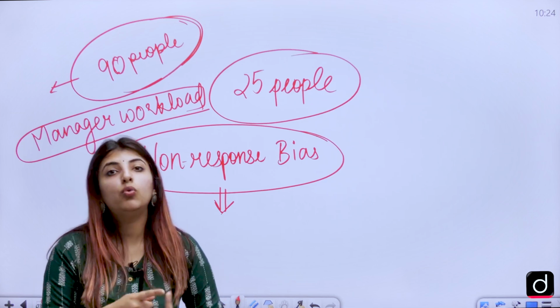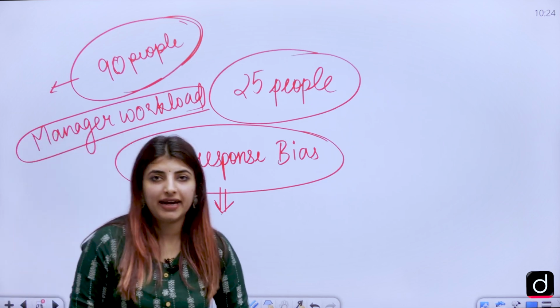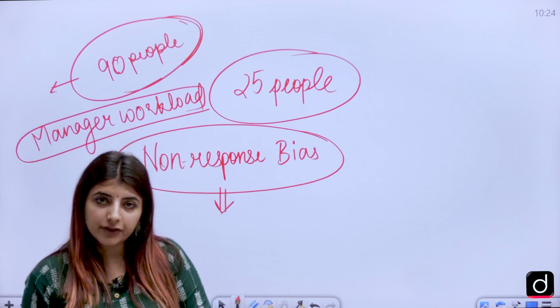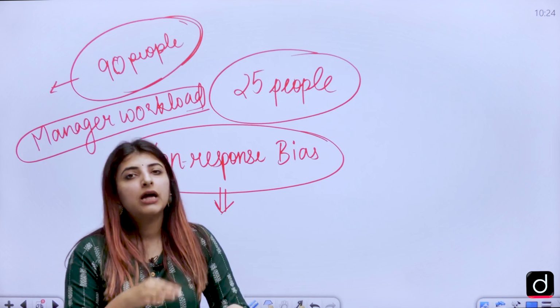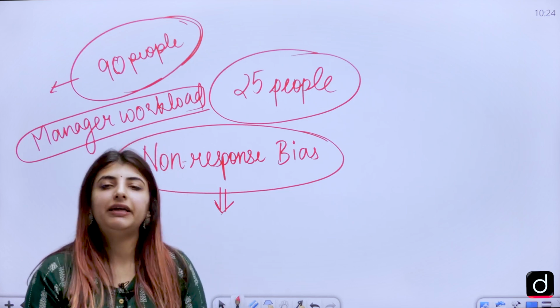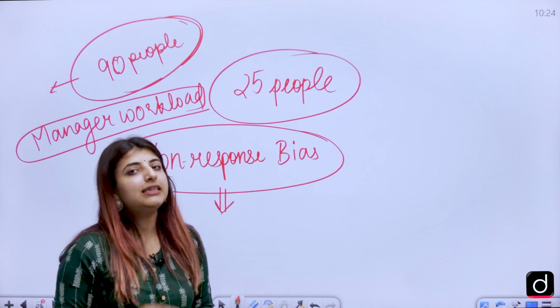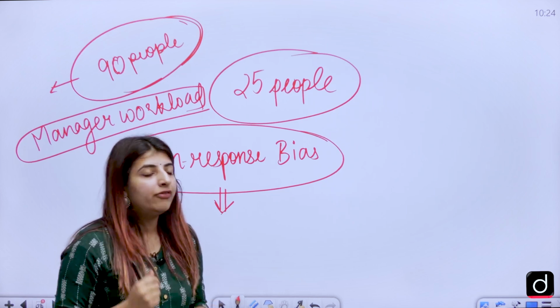But the people who have more workload at their end, who have much more to do in the office, some of them will be skipping questions. Some of them will not even be participating in the research. This is where we talk about non-response.